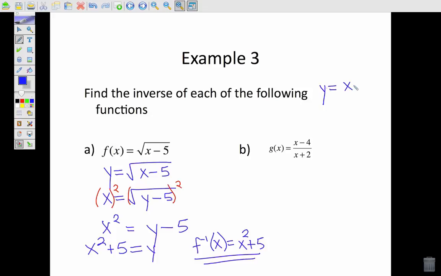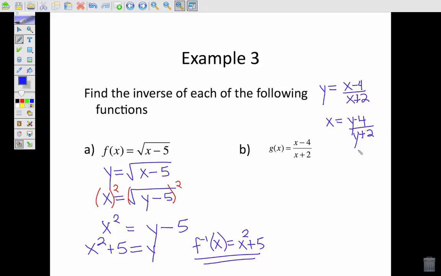All right, next one, so we have y equals (x minus 4) over (x plus 2). Switch the x and y. x equals (y minus 4) over (y plus 2).